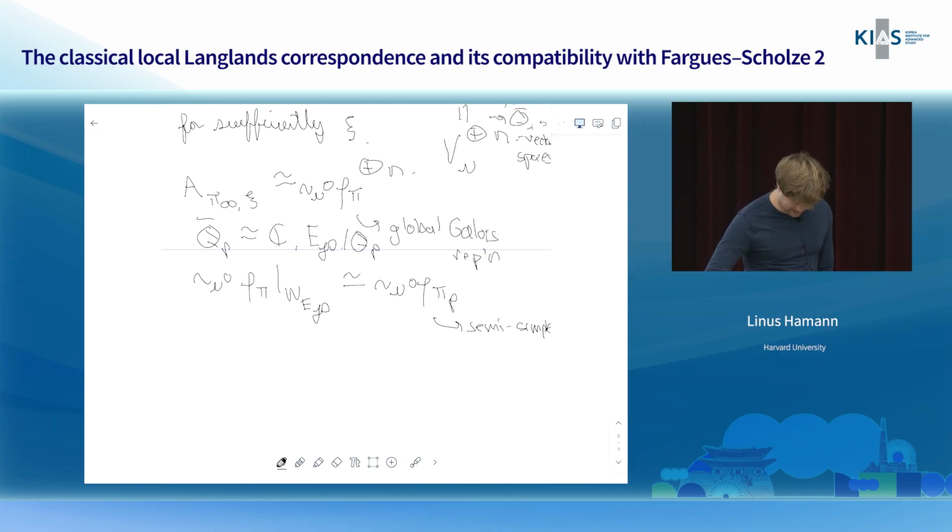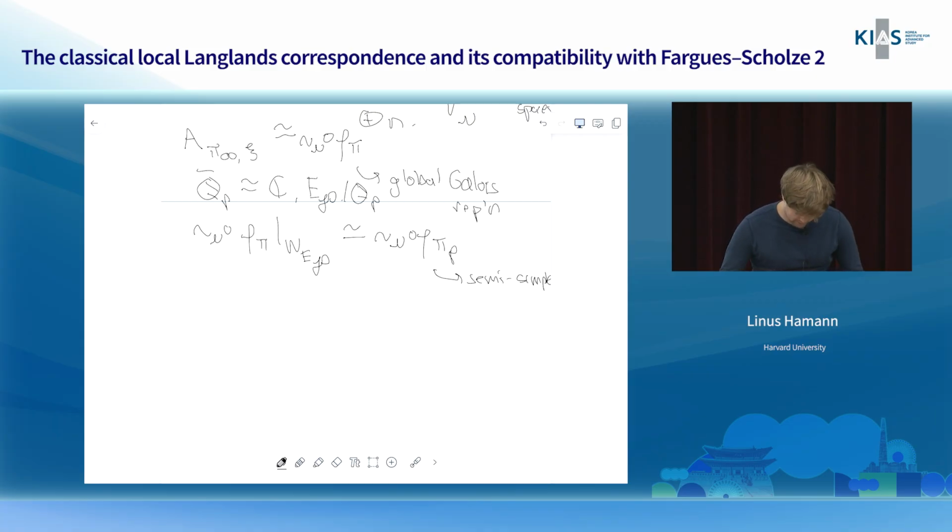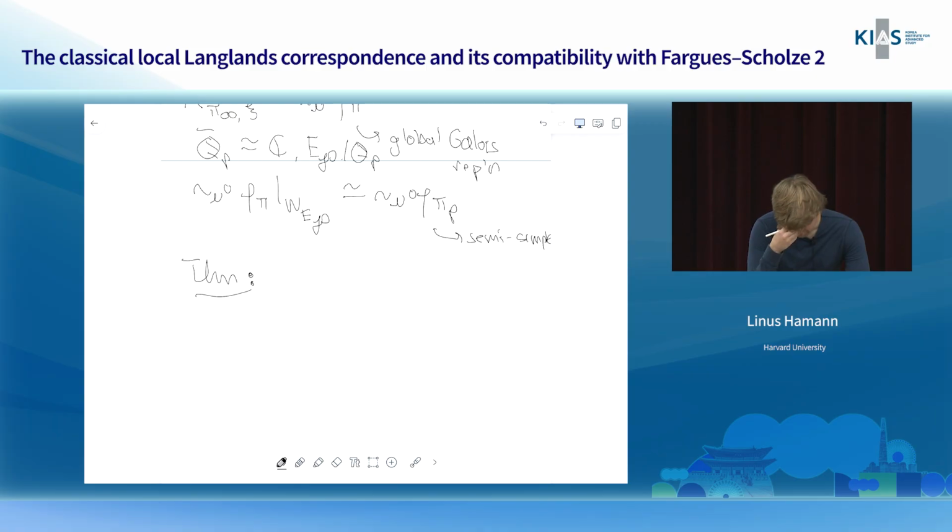And this is some moduli space of abelian varieties. And you can do this through a very nice theorem. This theorem is basically where the work of Van Hoften, Kim, Zhang, and Patrick Daniels comes in.